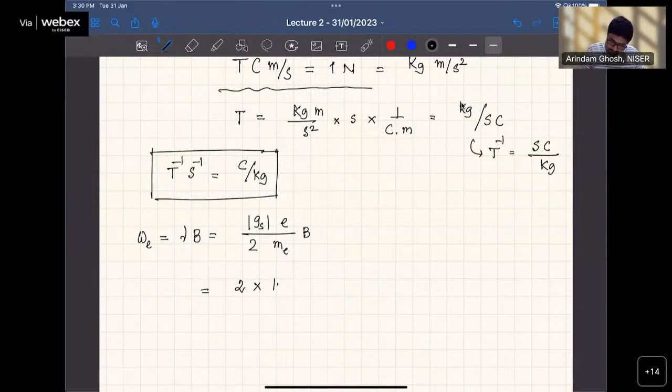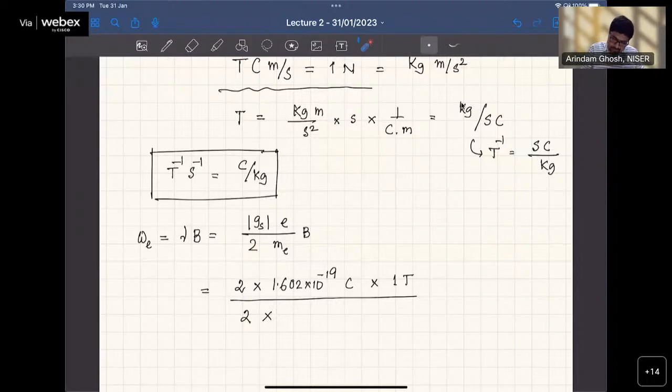Then the electronic charge is 1.602 times 10 to the power minus 19 coulomb, right? And I take B to be 1 Tesla. I want to find out the Larmor frequency of electron in 1 Tesla magnetic field. Then I have another 2 coming from here naturally. This 2 is here, correct?